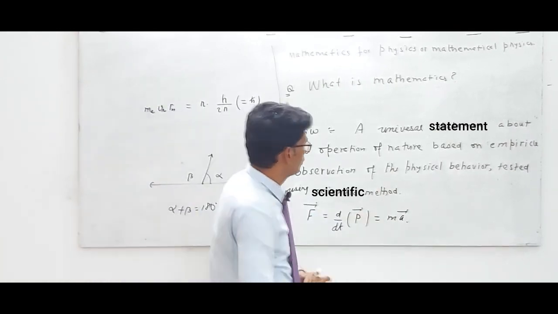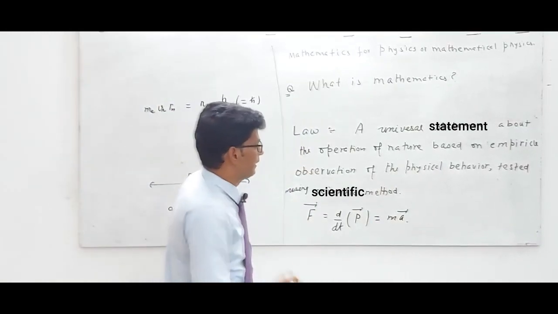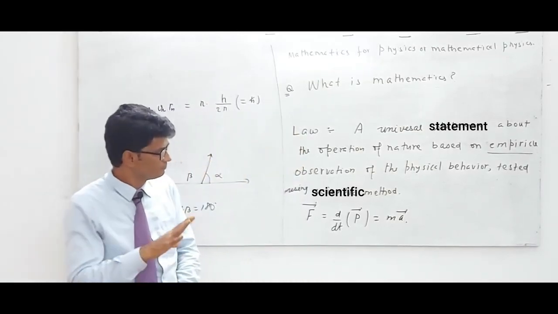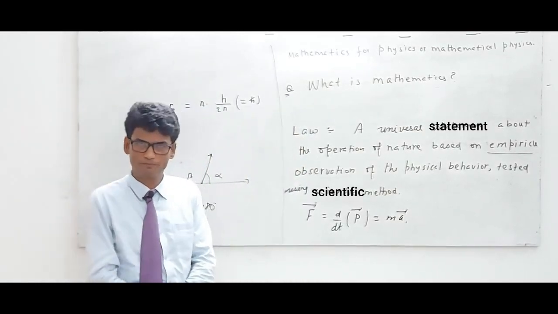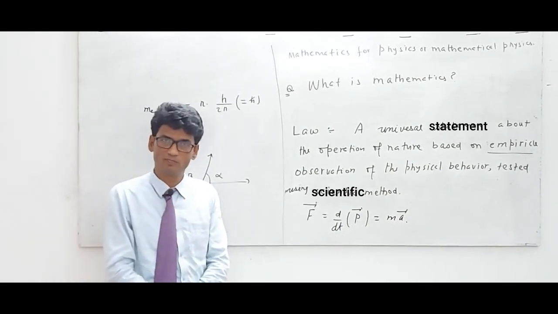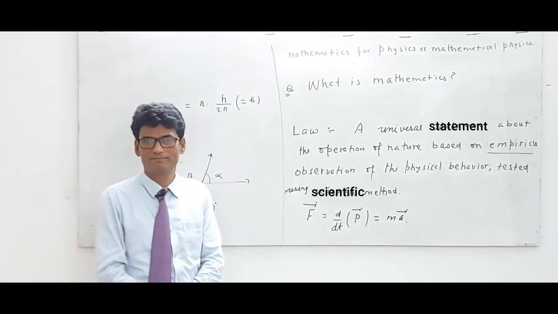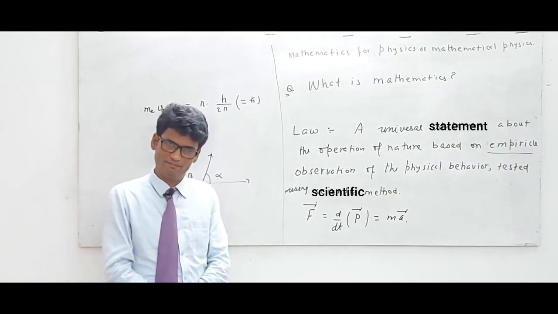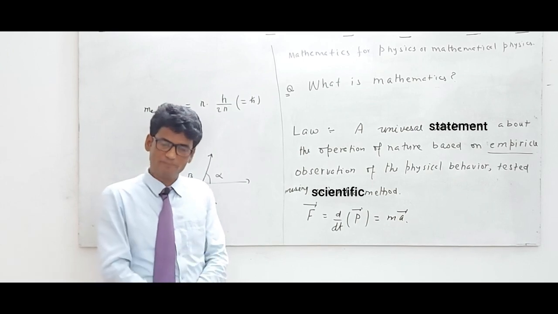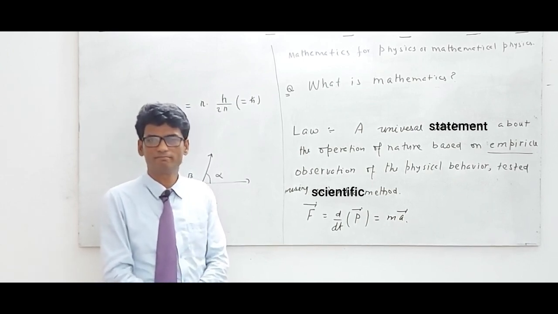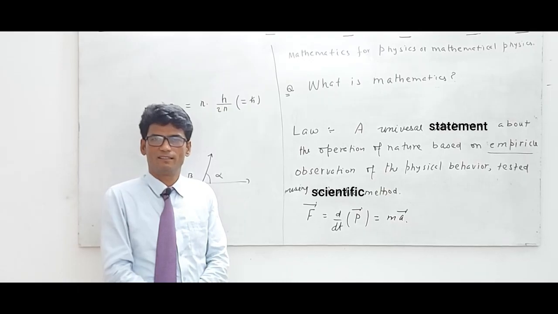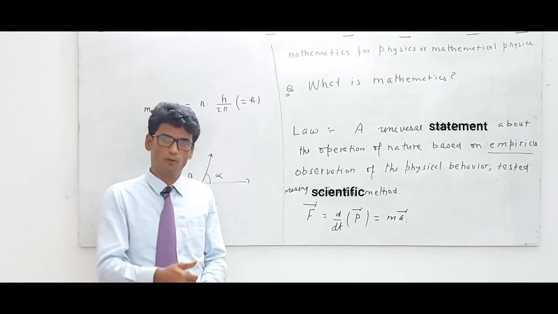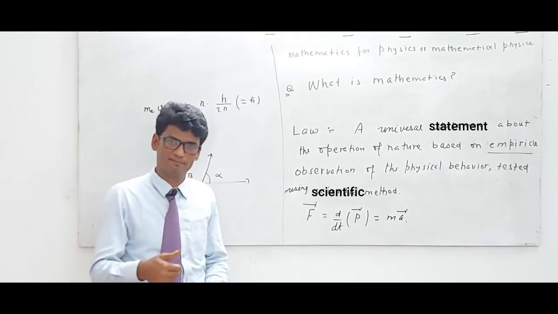Here, the word comes into picture: empirical. What does it mean? The idea based on observation or experience, which is not proved as a theory or by a pure logic.